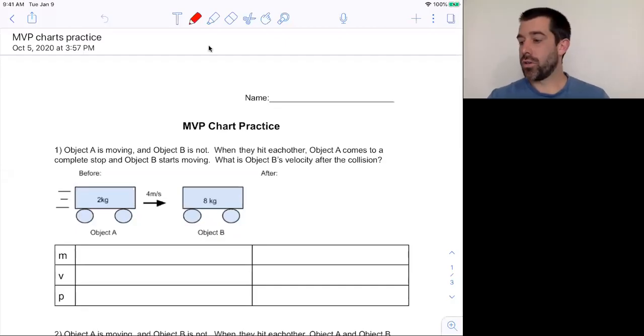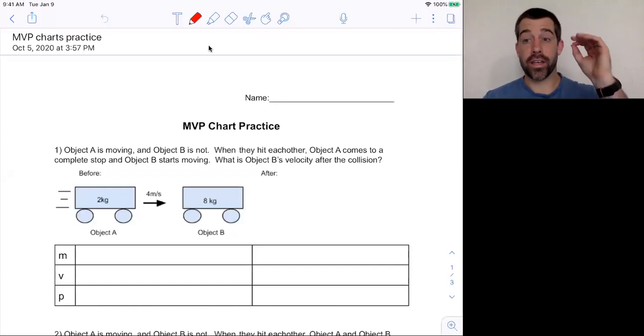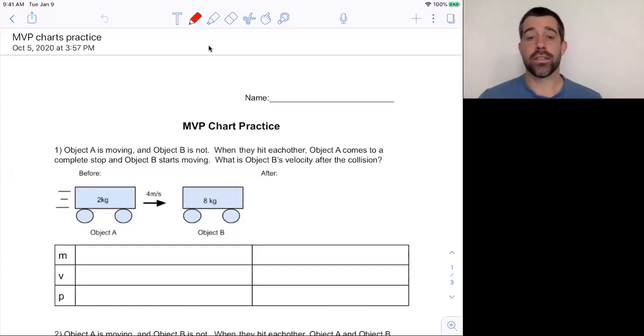All right, folks. So I'm going to go through the MVP charts worksheet with you guys. And basically, I just want to remind you that the way this works is I'm going to talk about each question individually. And what I'd prefer that you do is try the problems yourself, and then check here to see if your answer matches up with what I got.